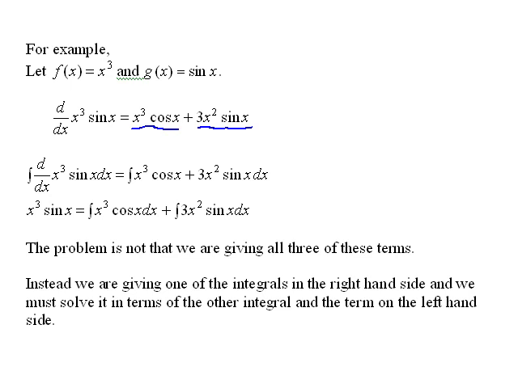I get x cubed times the sine of x here must equal the integral of both of these terms. The problem is that we're not given all three terms. Instead, we're given one of these. We might be given this to integrate, or we might be given this, and we must evaluate it in terms of the other two.